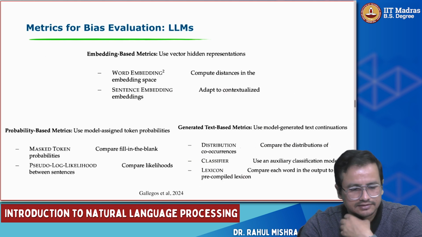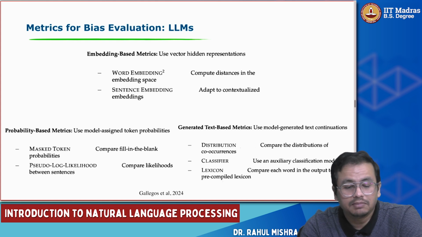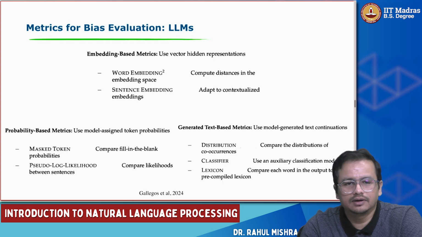The next set of things we want to discuss is metrics for bias evaluation, which is super important. What we want to discuss now is how to deal with biases, and what techniques or methods are prevalent when it comes to debiasing your models, specifically LLMs.